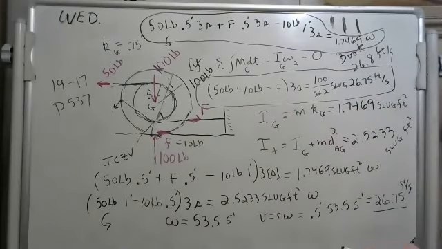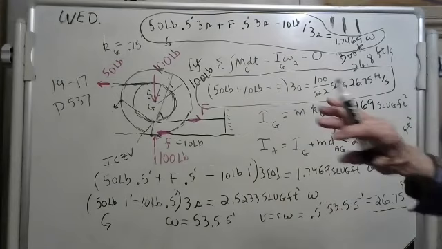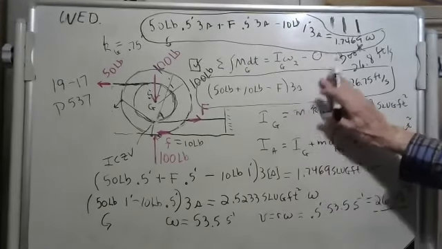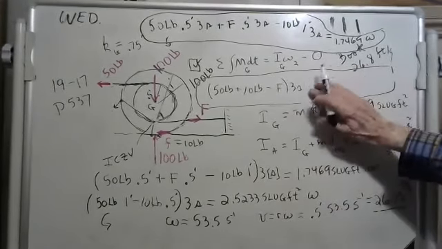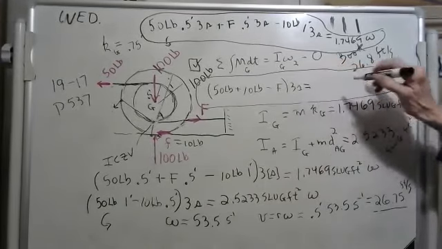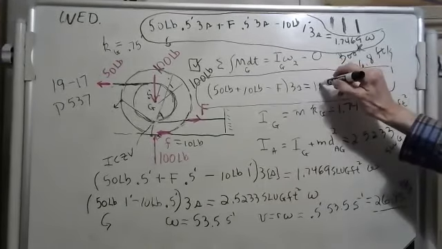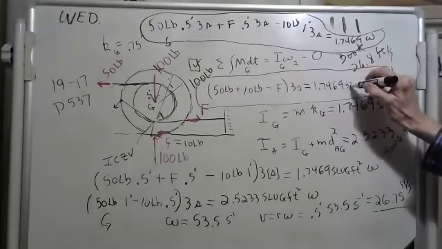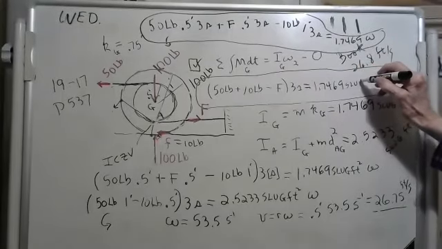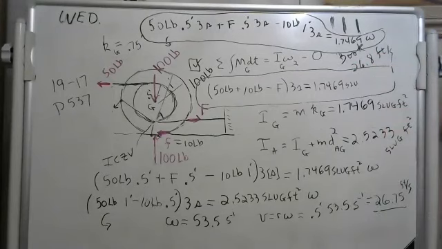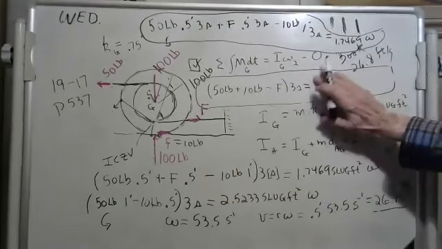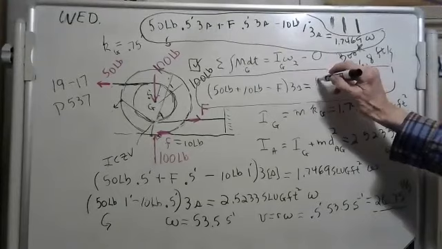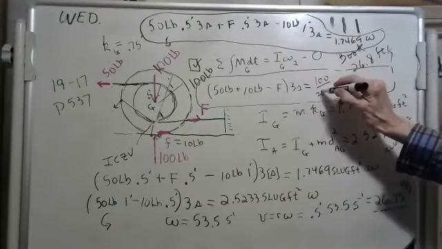Wait a minute. Yeah, that's right. Did I do that right? No. This is not right. It's 1.7469 slug. No, I had it right. It's 100 over 32.2.